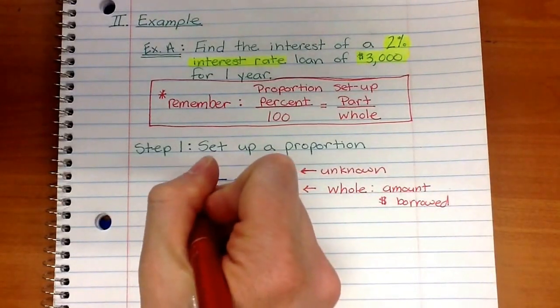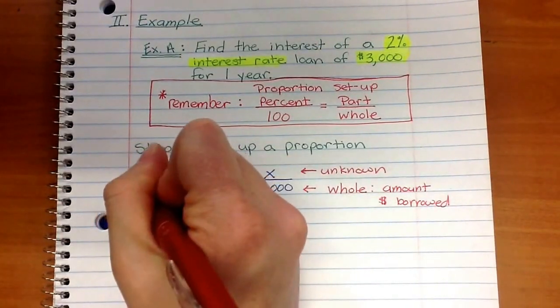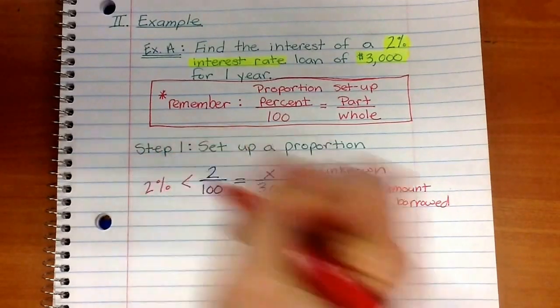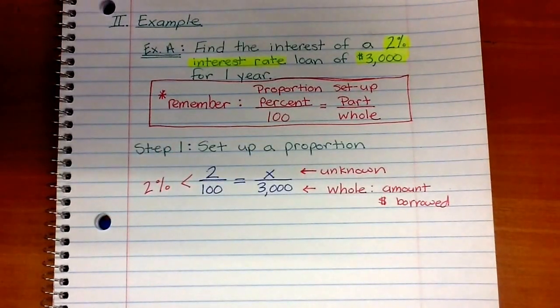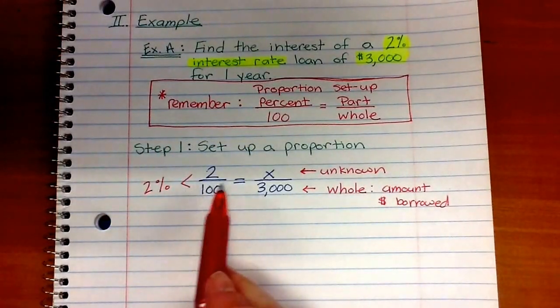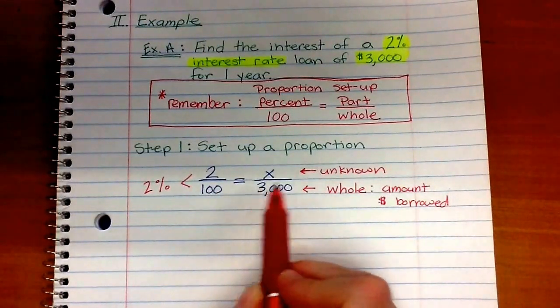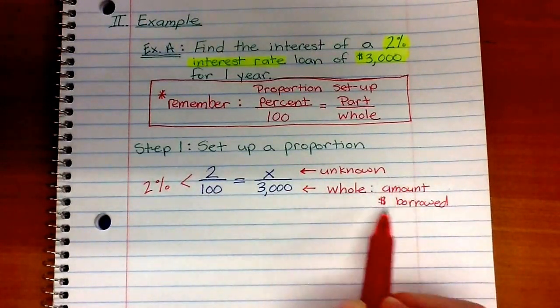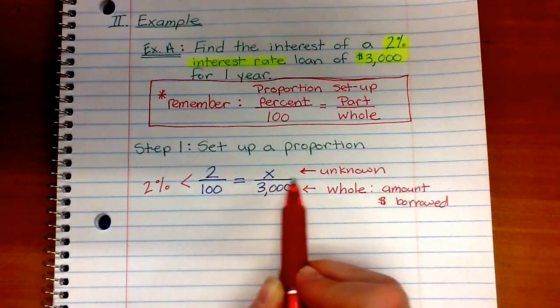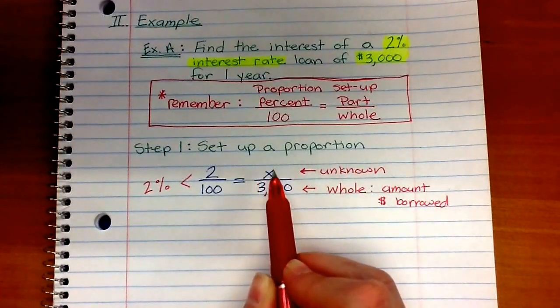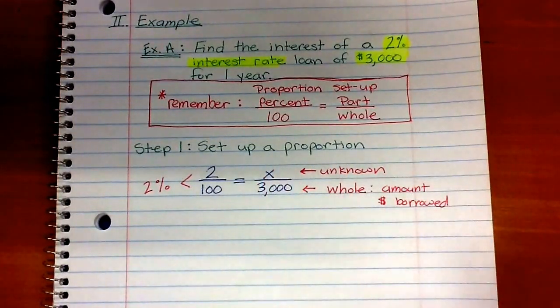And right here, this was our 2%. So that's kind of how we got this set up. Our 2%, 2 per 100, our 3,000, which was our total, our total amount borrowed, and then our unknown is our variable of what that 2% interest rate actually is.